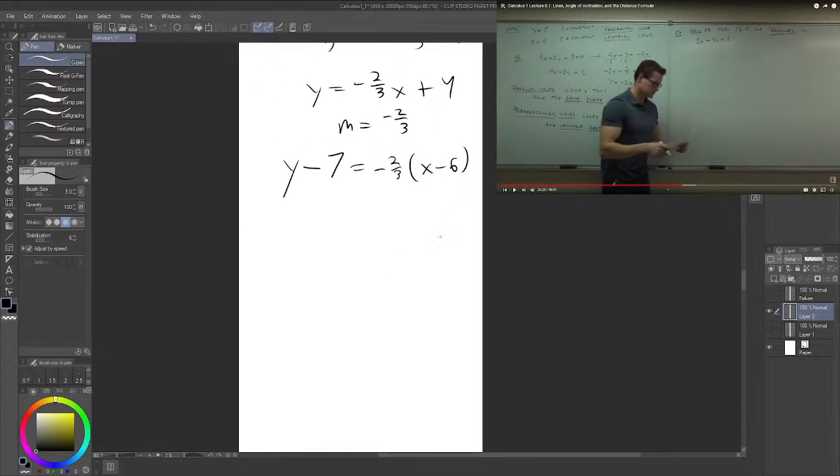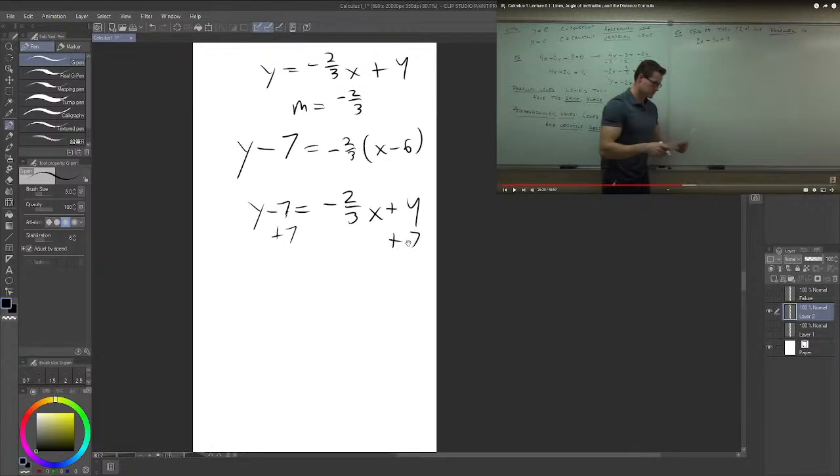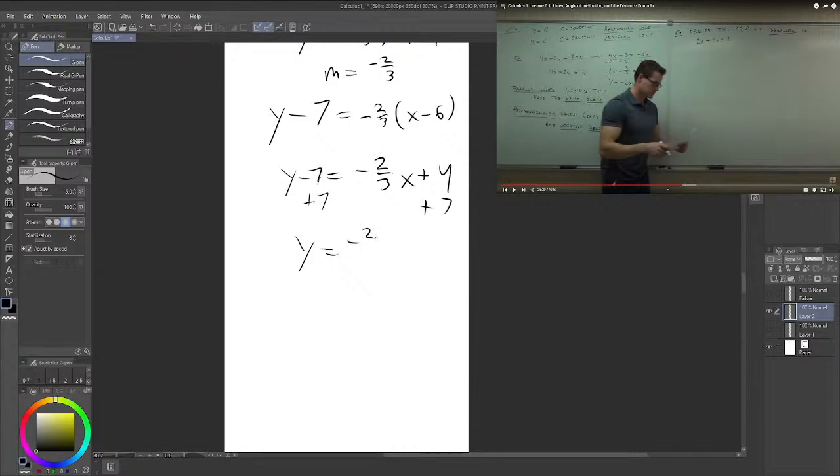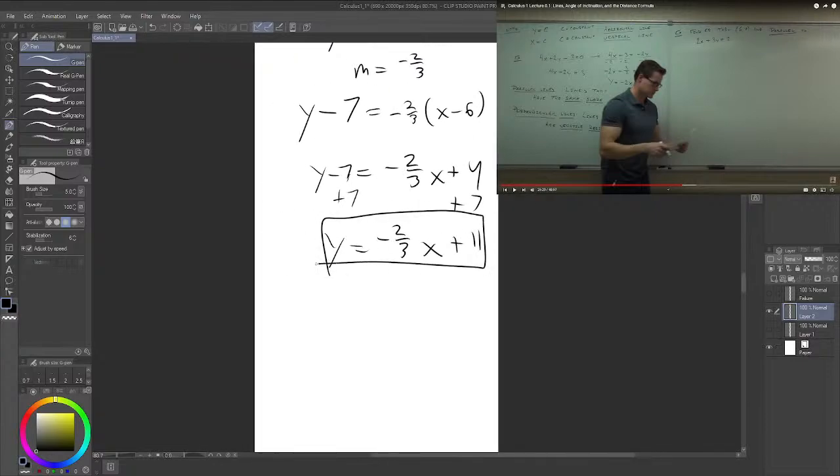So he put it in slope intercept the first time, so I'll do that too. 2/3 x plus 4 equals y minus 7. Add the 7 on both sides. Y equals negative 2/3 x plus 11. So yeah, basically the thing I was talking about earlier.